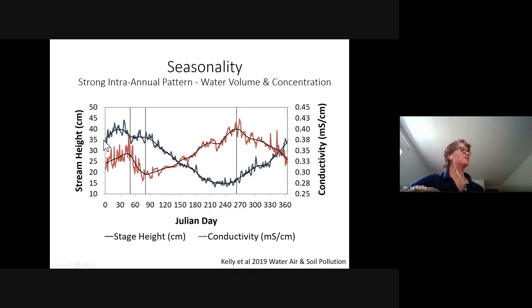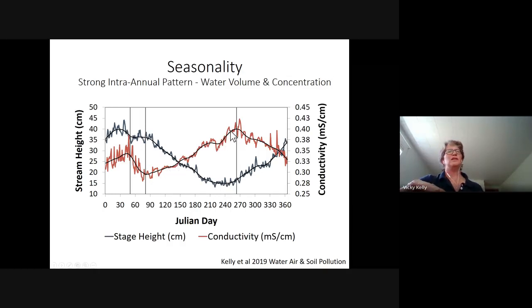So this graph shows the stream height, which is in blue, and the conductivity in red. They're plotted together for each day of the year. And I want you to focus just on this part right here, which represents the late spring to autumn. And what you can see is that as the stream level declines, the conductivity increases.